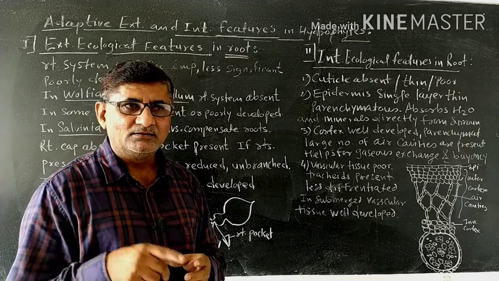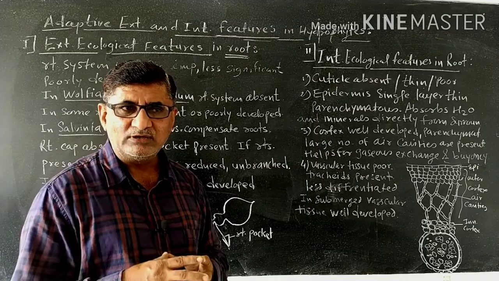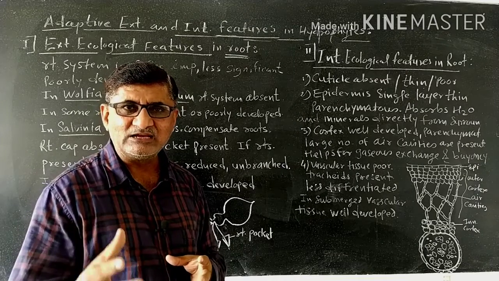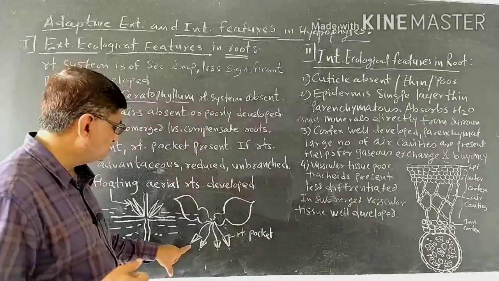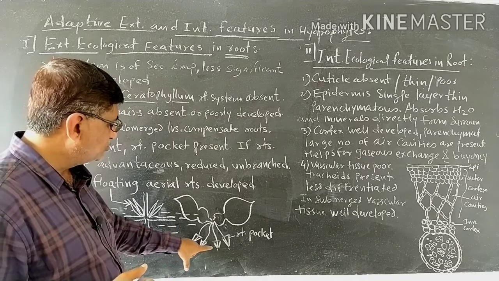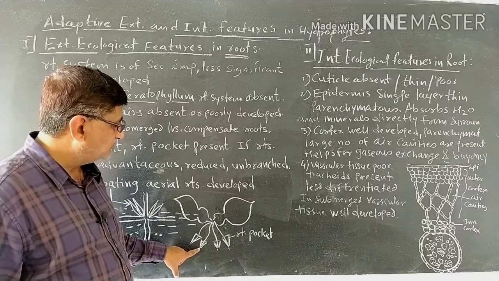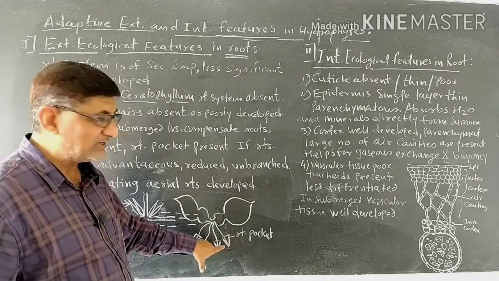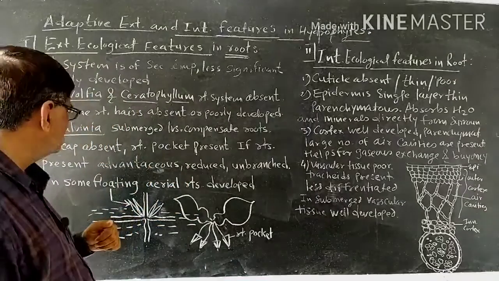They do two functions: they stop the growth of the root and they also make an obstacle for absorption by the root. Like this, you can see the root pockets present in Eichhornia. So these root pockets stop further growth of the root and can also obstruct the absorption of water. Such kind of modification occurs in some cases.